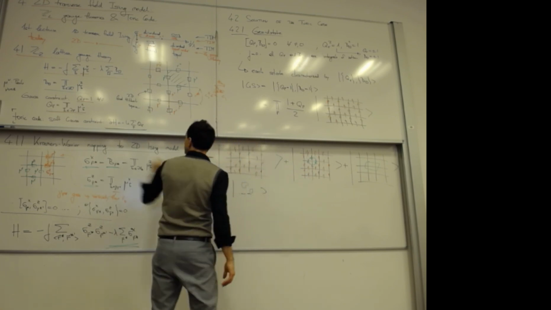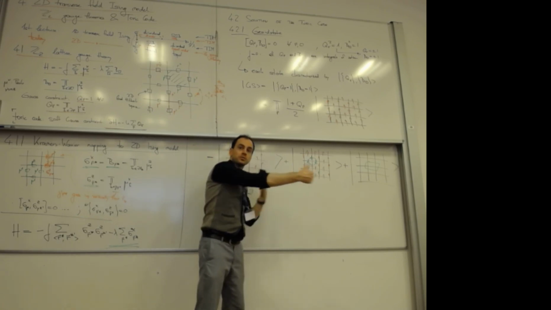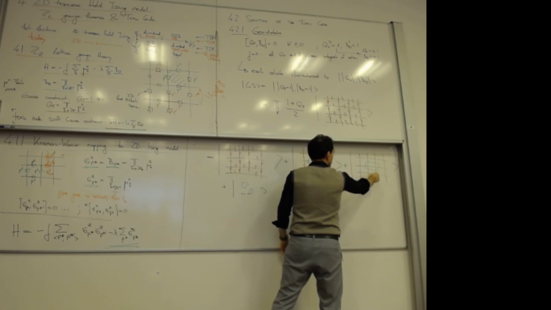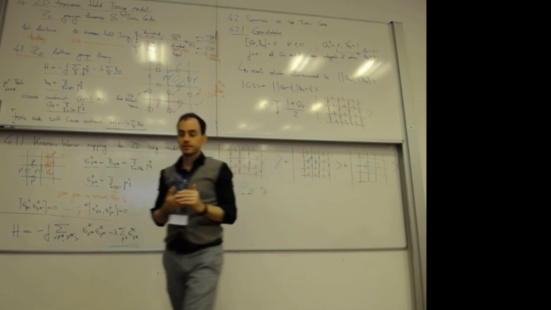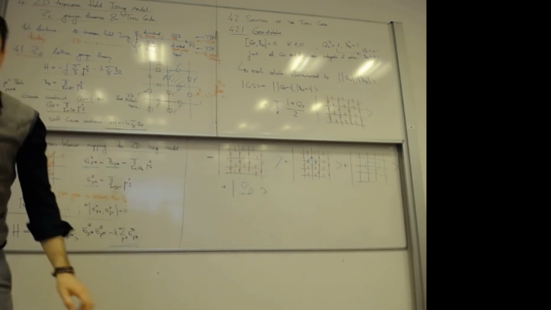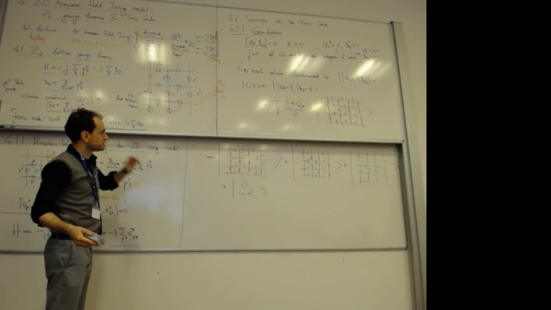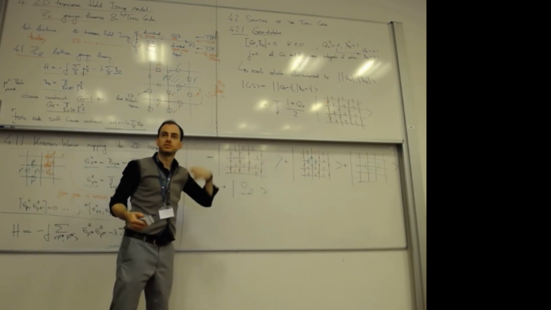If I act with a Q on this, then the terms in the sum will change order. For example, I act with a Q here, I will go from this to this, but this guy will become this, so they swap places. So this is really nothing but, as I said before, going through all the gauge configurations, cycling through all the gauge configurations.